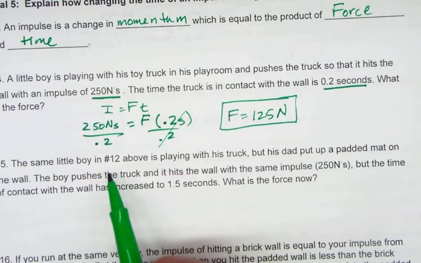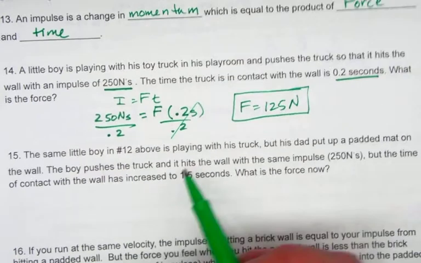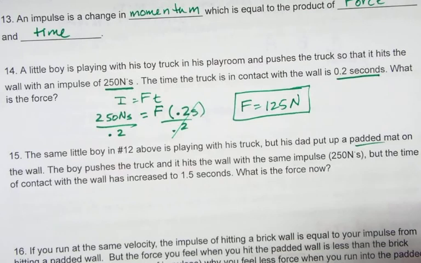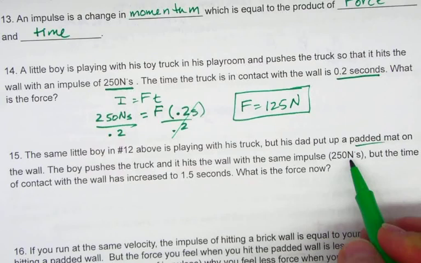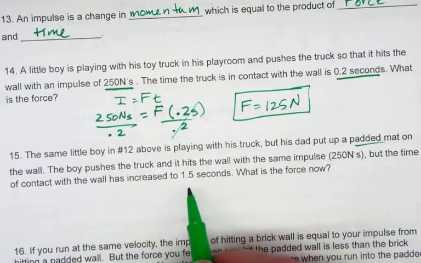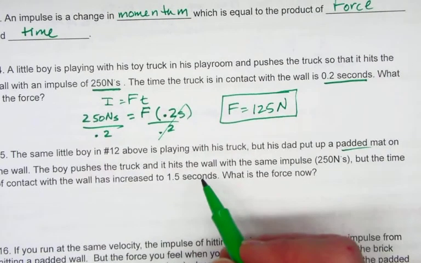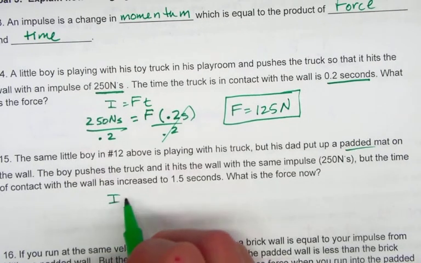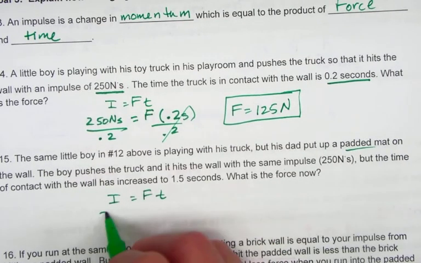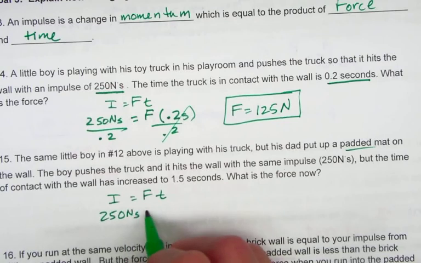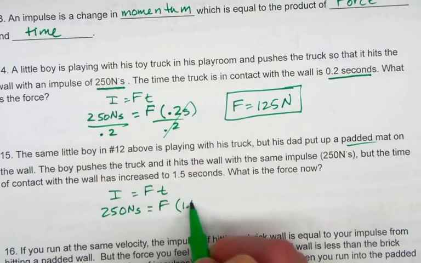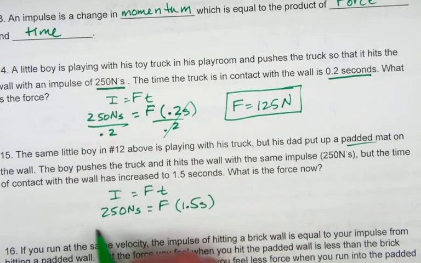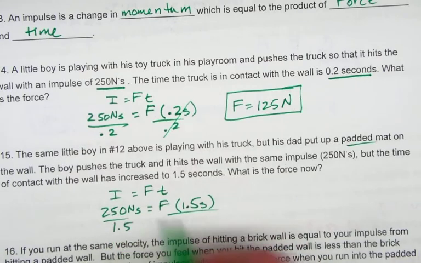All right, so the same little boy is playing with his truck, but his dad puts a padded mat on the wall. So what happens is the truck hits the wall with the same impulse, but now the time has increased to 1.5 seconds. So, same boy, still 250 newton seconds for the impulse, but now the time is a lot greater in comparison. It's 1.5 seconds. So we divide both sides.